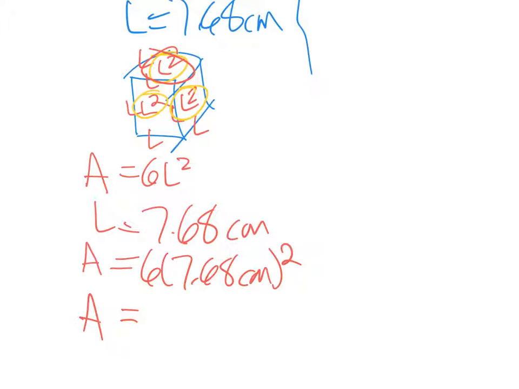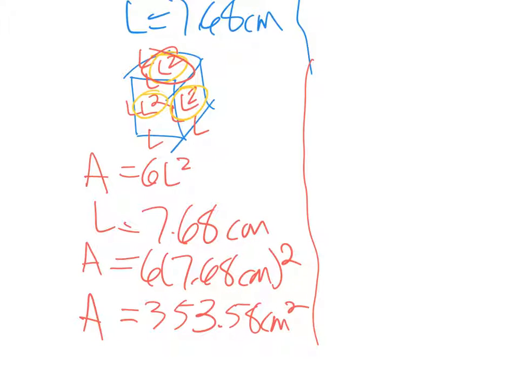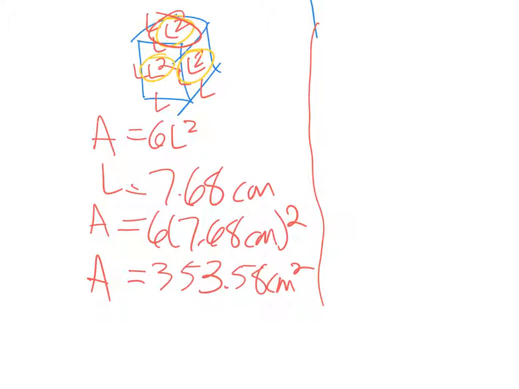The area is then 353.58 centimeters squared. Okay, and you can work through this if you like with your calculators. Actually, you should do that. You should have your calculator in your hand as we're working through this, and you can pause and rewind and things like that. So again, if you didn't understand something I did there, just rewind a bit, watch it again.